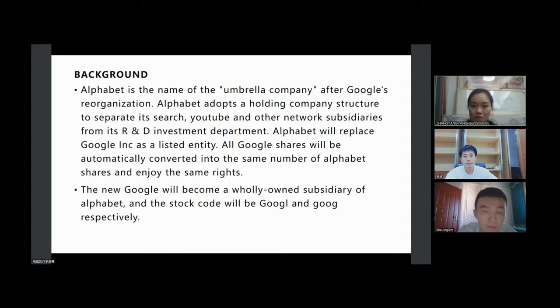All Google shares will be automatically converted into the same number of Alphabet shares, enjoying the same rights. The new Google will become a wholly owned subsidiary of Alphabet, and the stock codes will be GOOGL and GOOG, respectively.